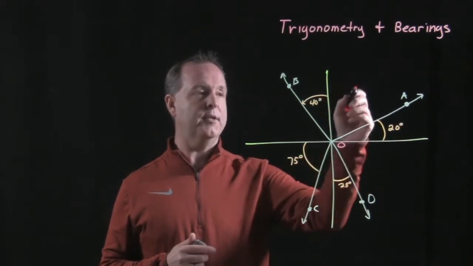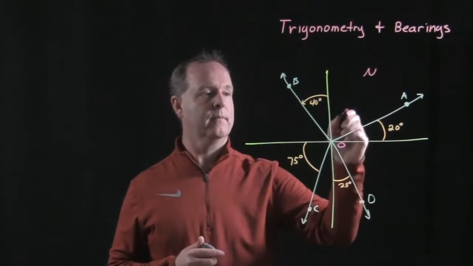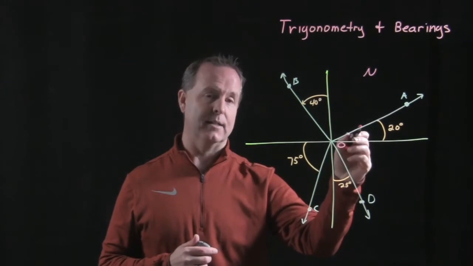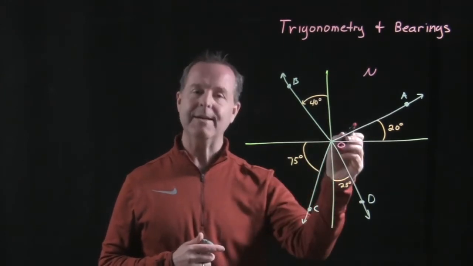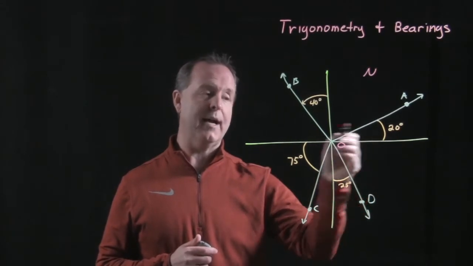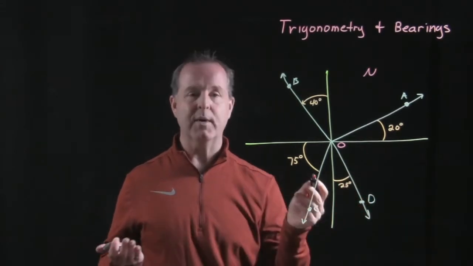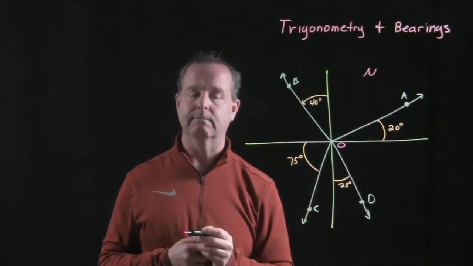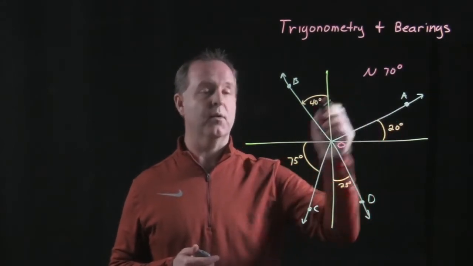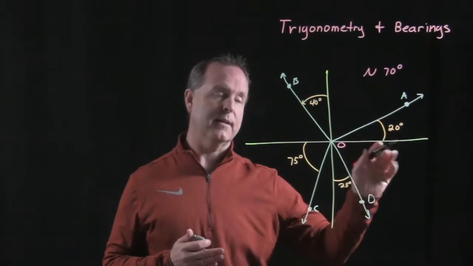Well, it's in the northward direction. I have to measure the angle, though, from the y-axis, from the north axis. It's not labeled. However, I know it's 20 degrees over on the other side to the x-axis. So what do you think the remaining degrees must be? It's got to be 70 degrees. So it's north 70 degrees east.